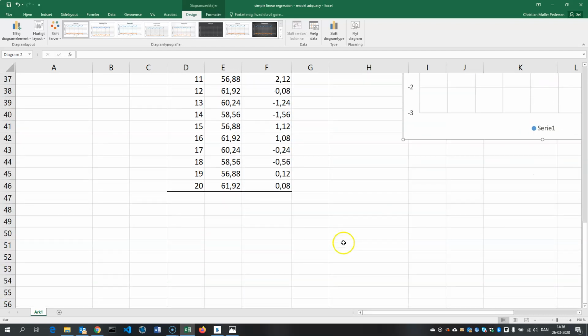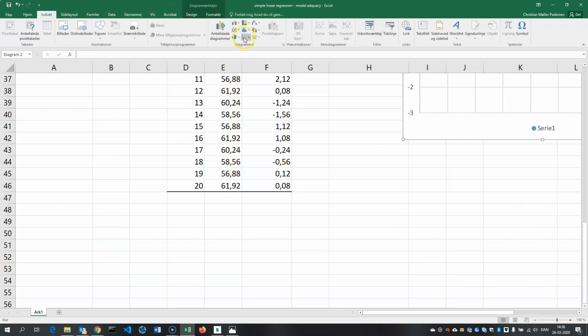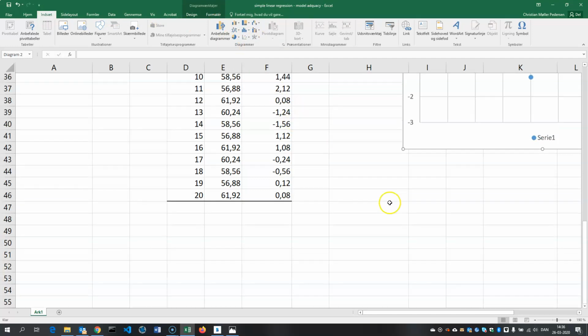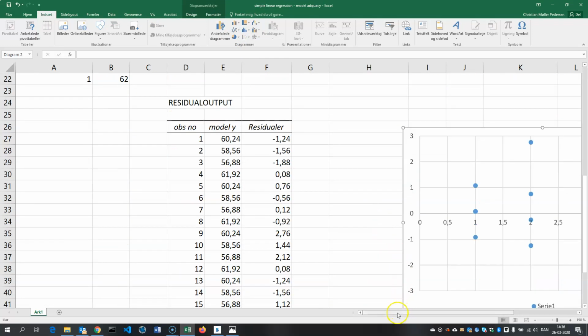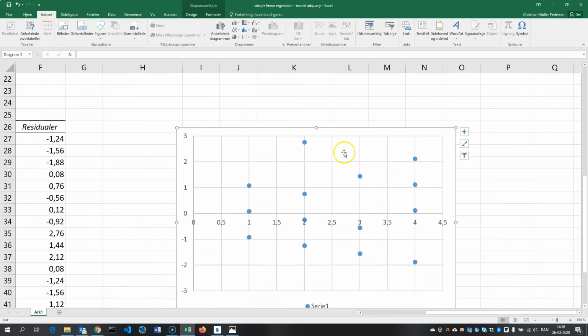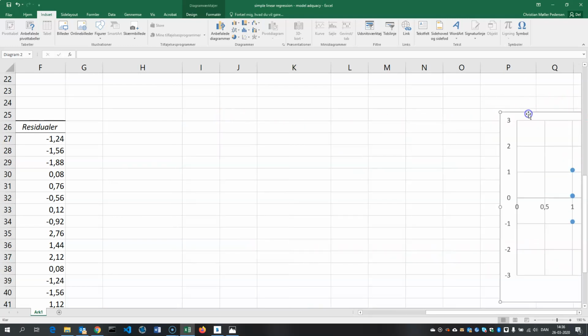And we could do another plot in which we insert scatter plot here. And where did that go? It didn't go anywhere. This is not really working for me. Like that.